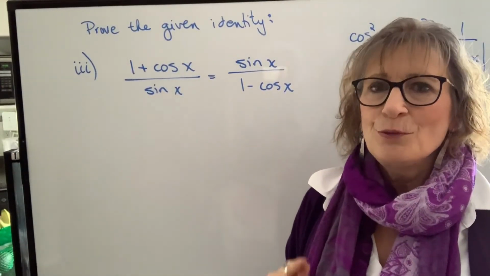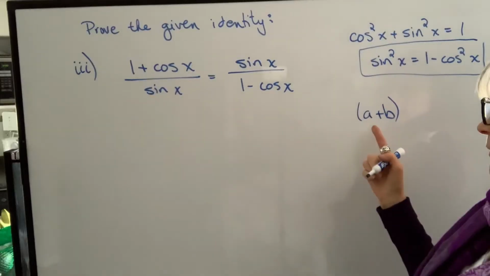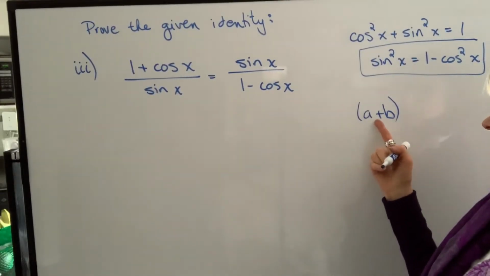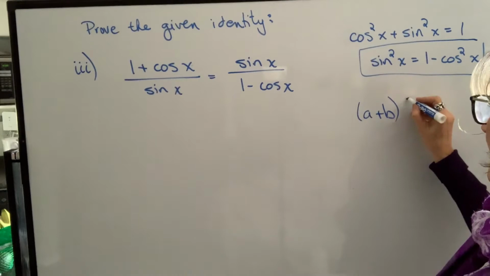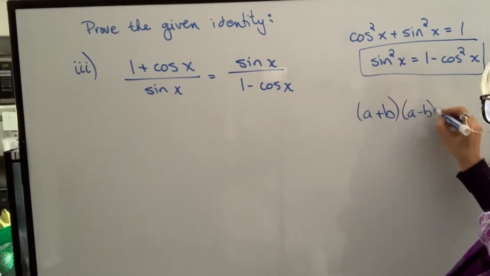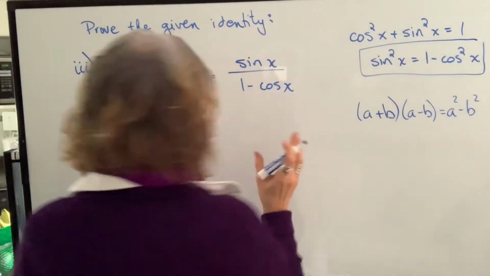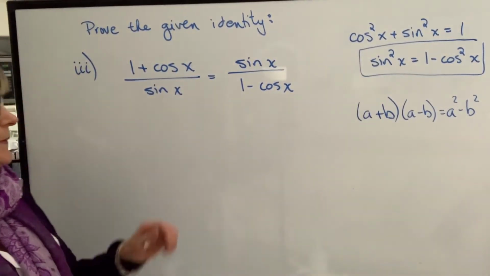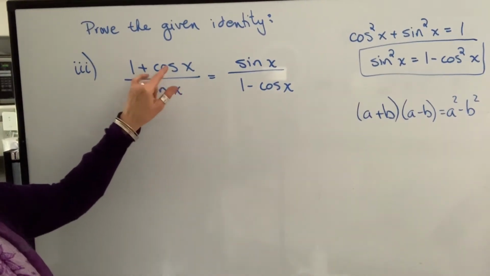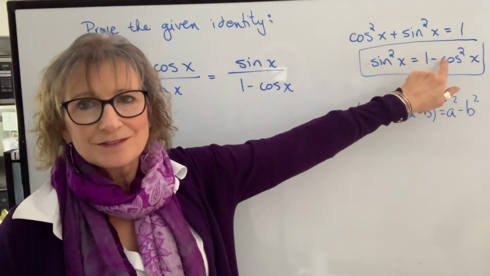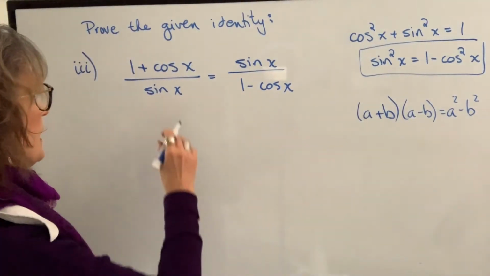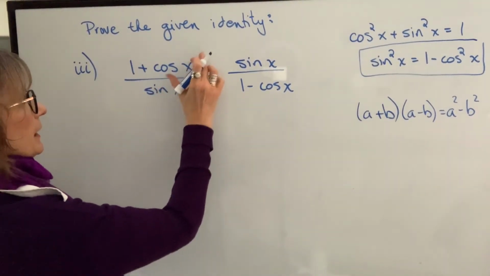I don't, but I can make it. Remember that if you have a plus b, and you multiply it by a minus b, it becomes a squared minus b squared. That's the difference of squares. I'm going to use that concept to get a difference of squares in the numerator that's actually going to be equal to this. So what I'm going to do is multiply by 1 minus cos x.